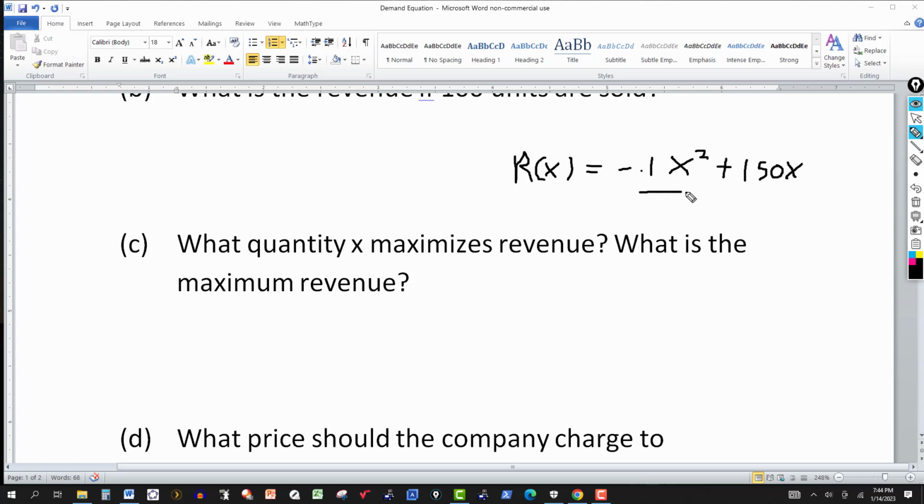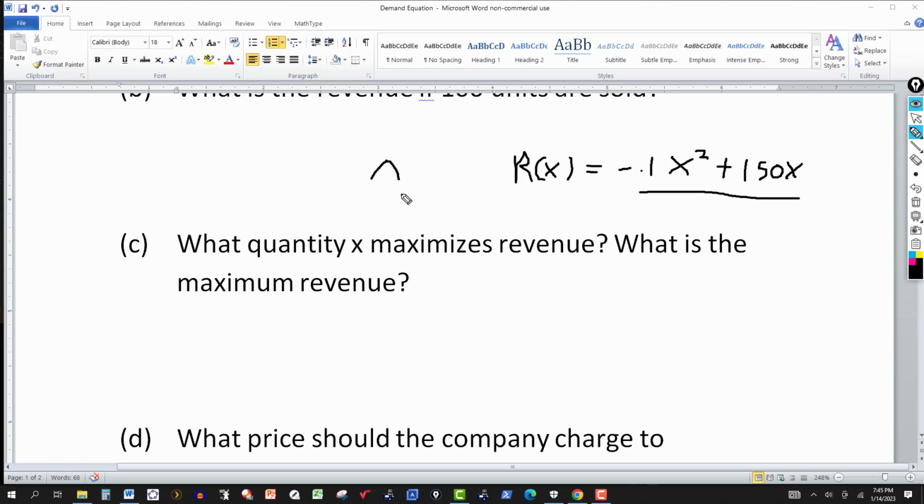Of course you should recognize this as a parabola, a quadratic model represented by a quadratic function. Since the coefficient of the square term is negative, you'd expect the parabola to open down. When the function is a parabola that opens down, the highest point is the vertex. So the maximum value can be found by simply locating the vertex.